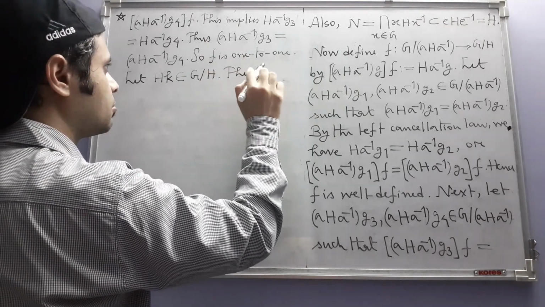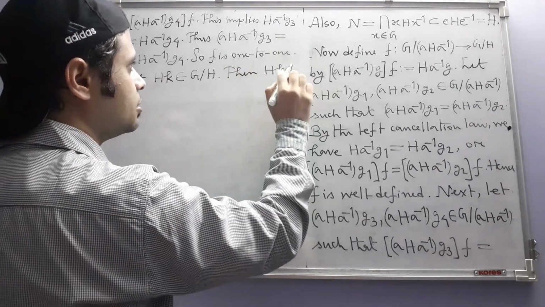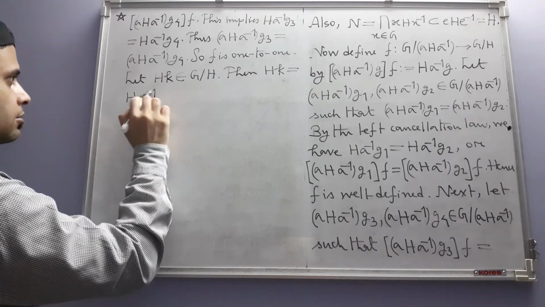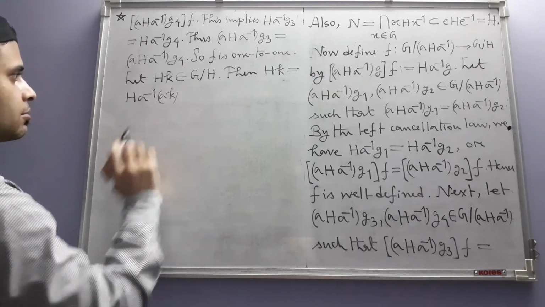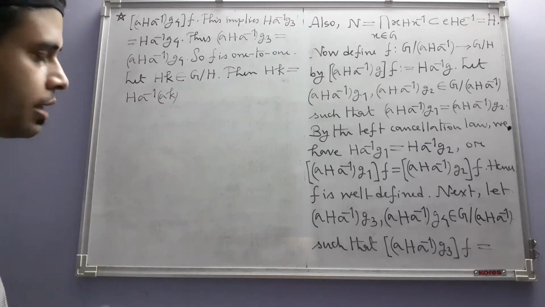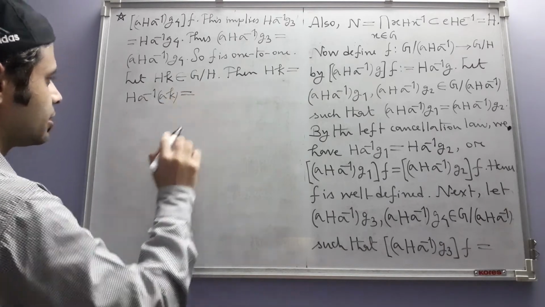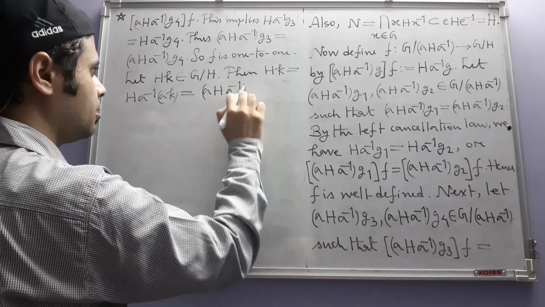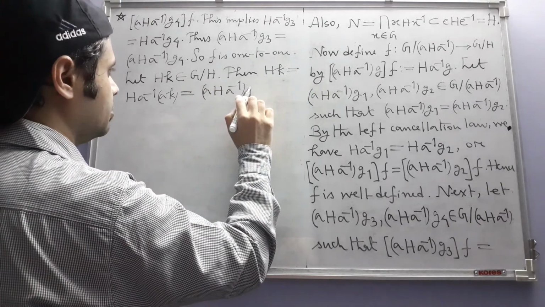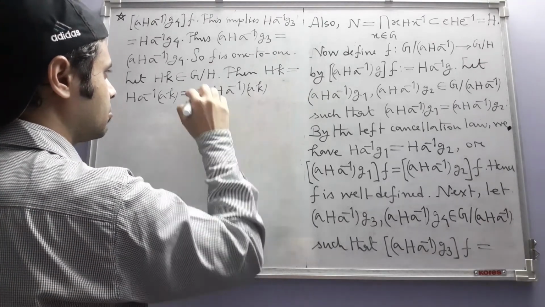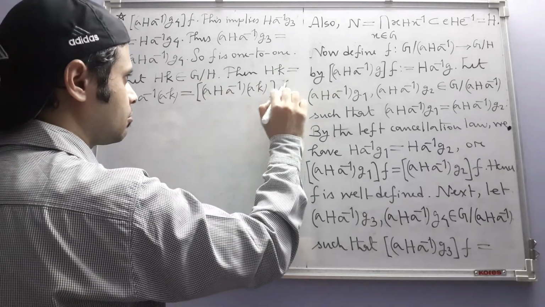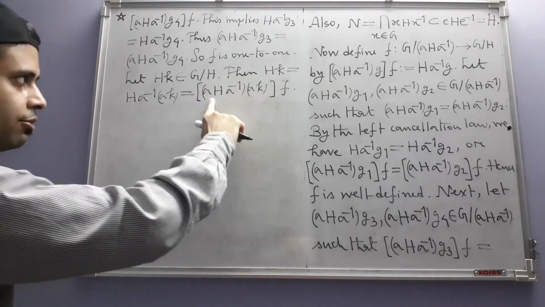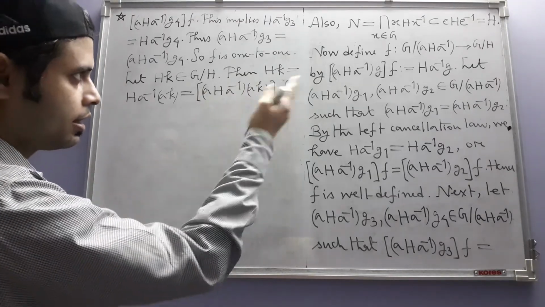Then Hk is equal to H A inverse A k, because then A inverse and A will cancel out, and this is nothing but the F image of A H A inverse A k. But this is clearly a right coset of A H A inverse, because A k is an element of G.